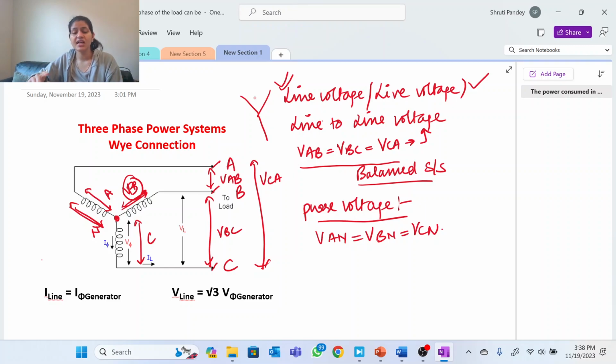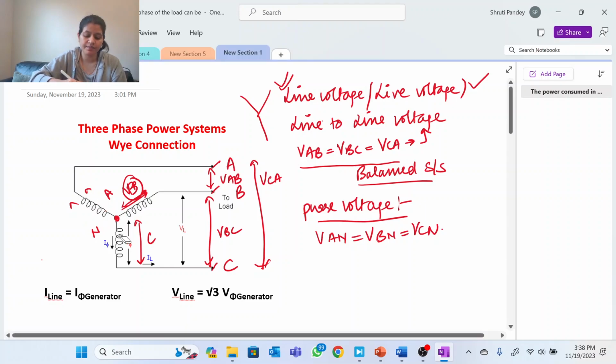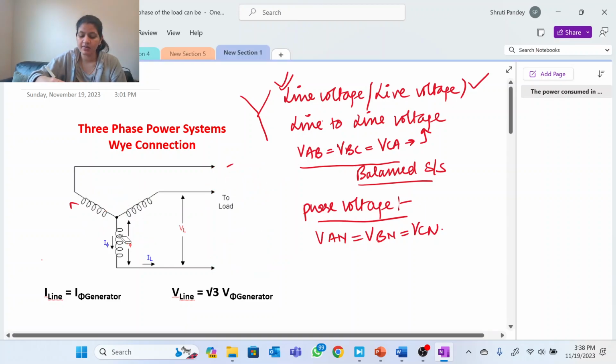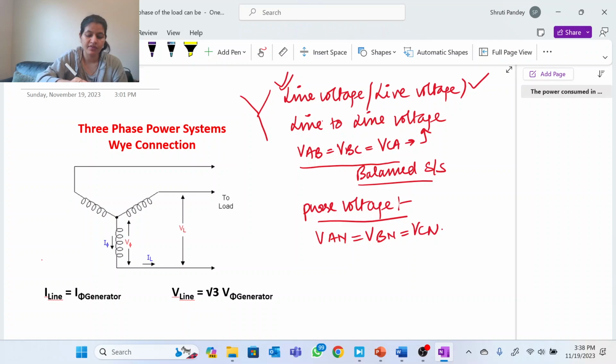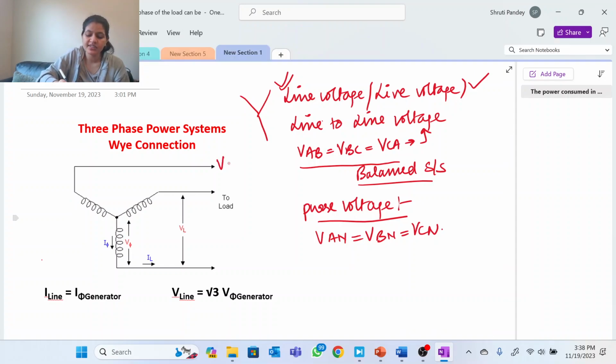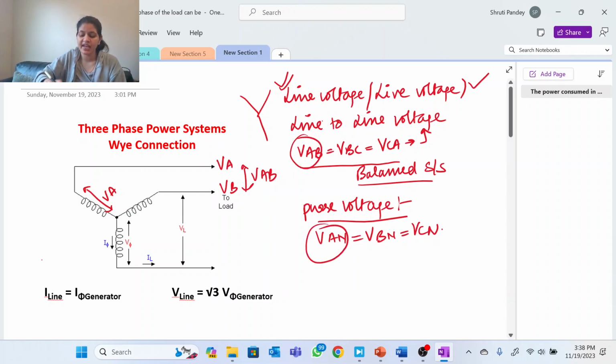Now we are going to see what is the relation between these two voltages. So you can see here, we'll take one line and one phase. So this is VA and this is VB and this is VAB, okay, and this voltage is VAN, the phase voltage of this phase. So what is the relation between VAB and VAN?